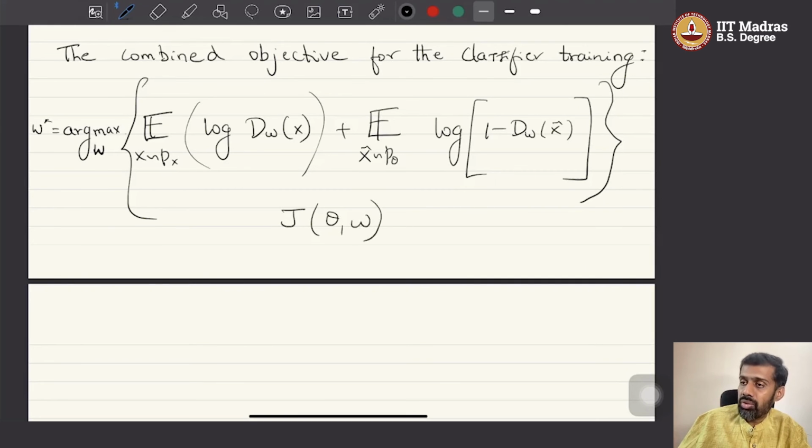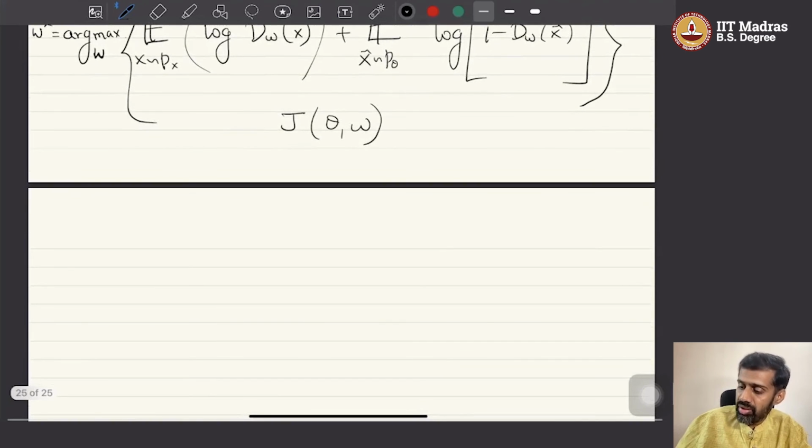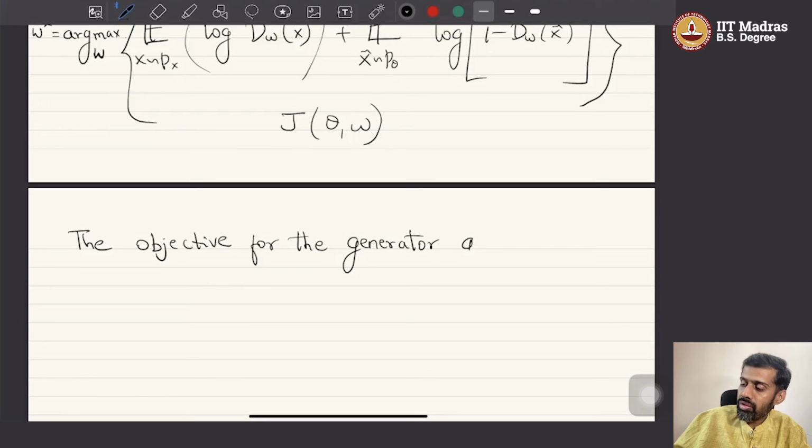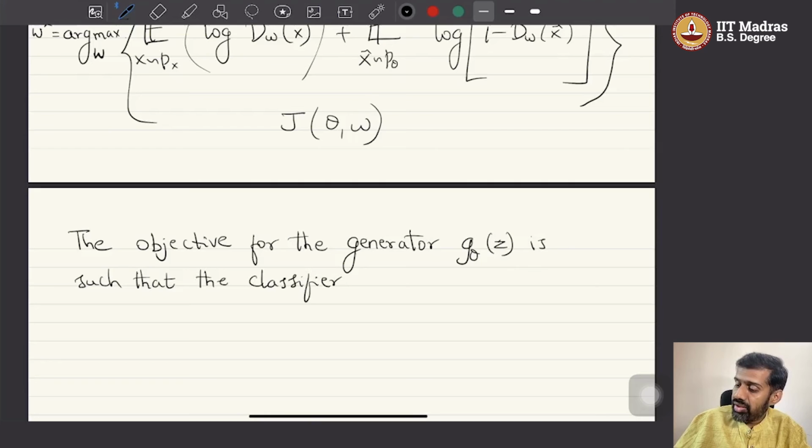Now, what is the objective for the generator network, or the g theta network? It is such that the classifier has to fail, right?